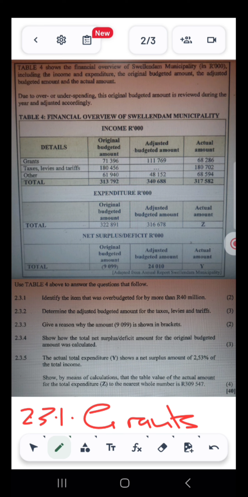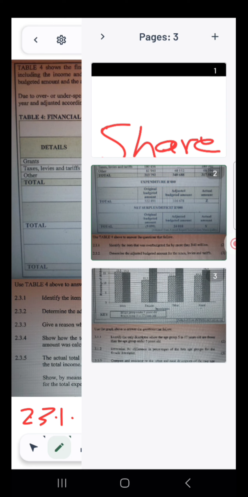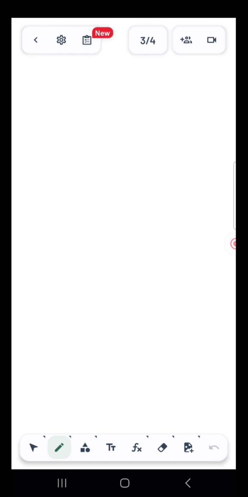So they say taxes, levies, and whatever, and then they want the adjusted budgeted amount, right? So we're supposed to now calculate that amount. Together so far? Okay, now this is how we do the calculations.